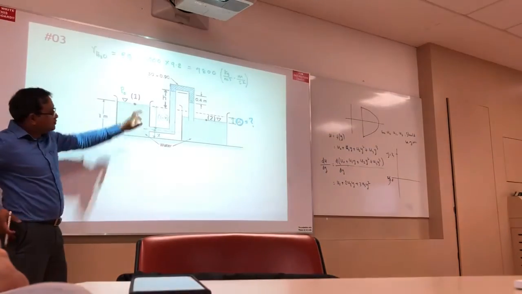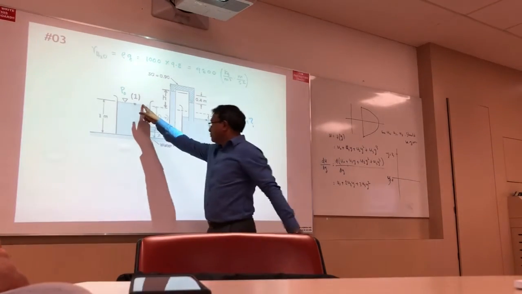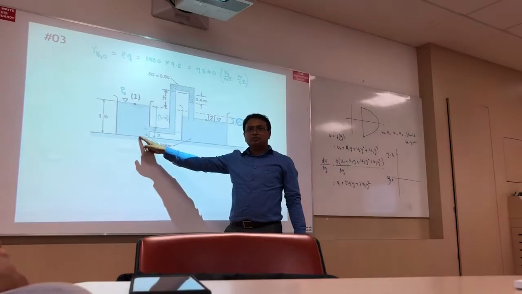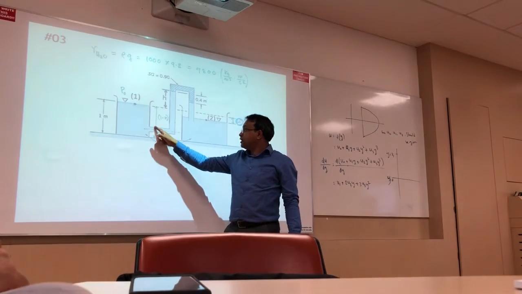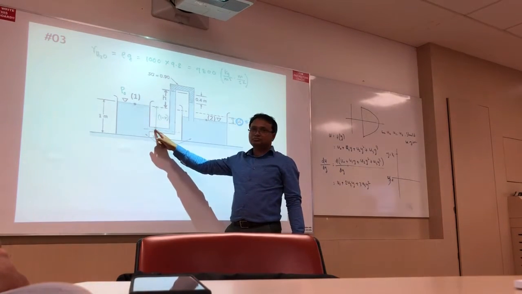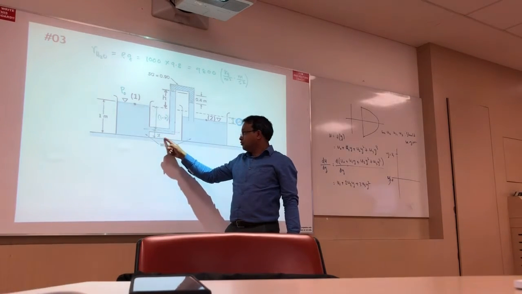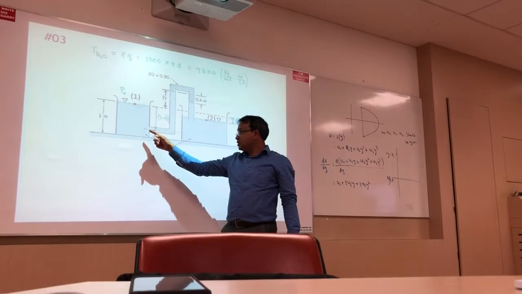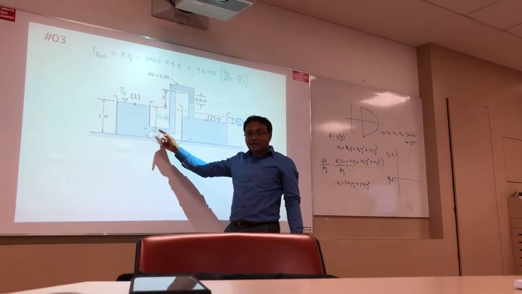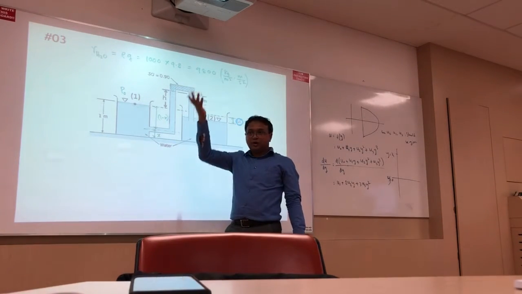Agree? Okay. If I start from here to here, rho G H. From here to here, I put the value x, right? From here to here is x, then that means rho G minus x, right? Upward is negative, downward is positive.